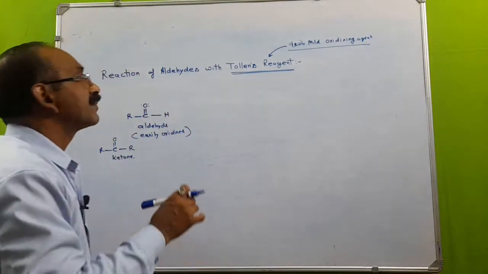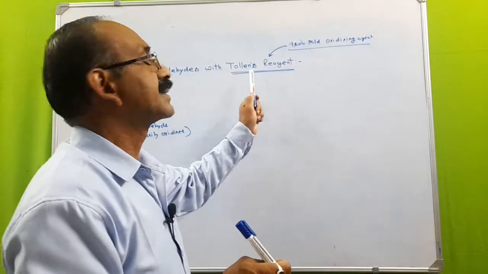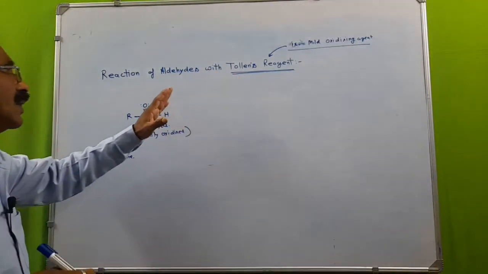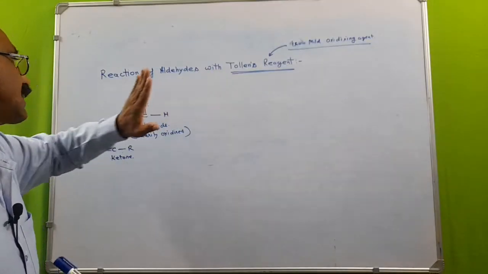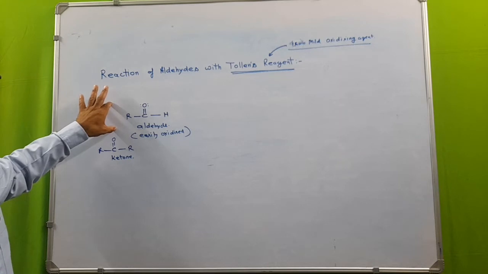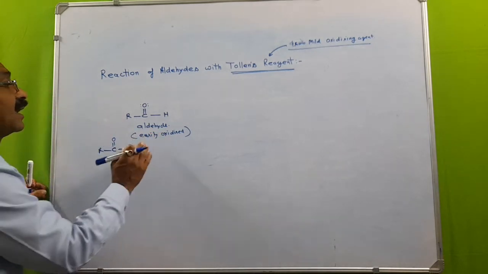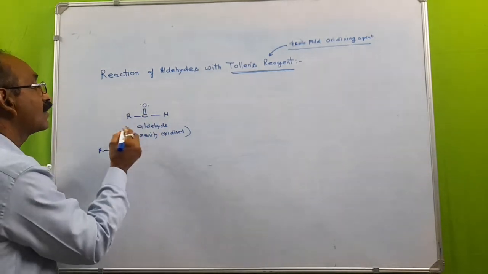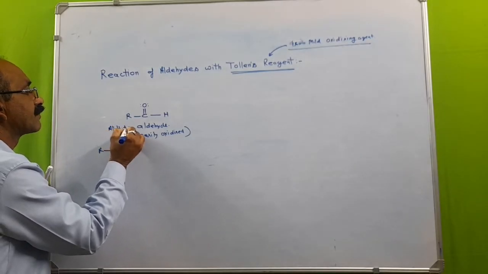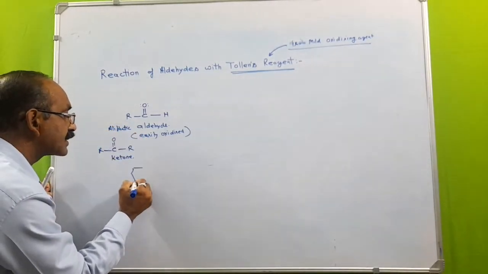So here, as Tollen's reagent is also a mild oxidizing agent, this Tollen's reagent will oxidize the aldehydes, whether it is aliphatic or aromatic.